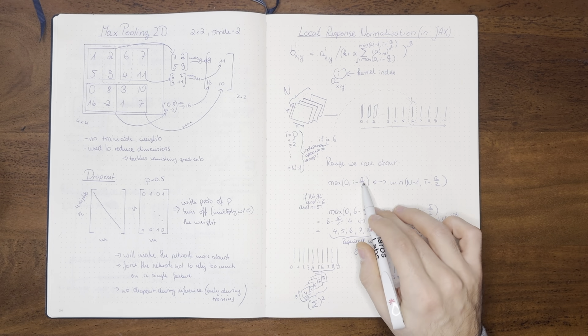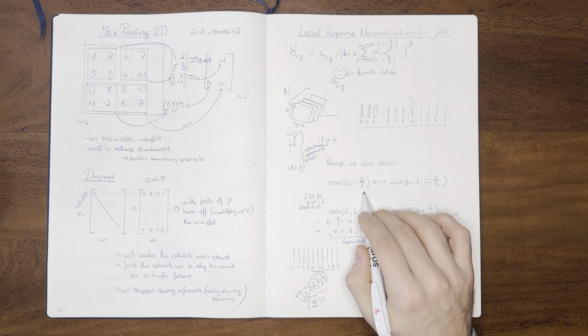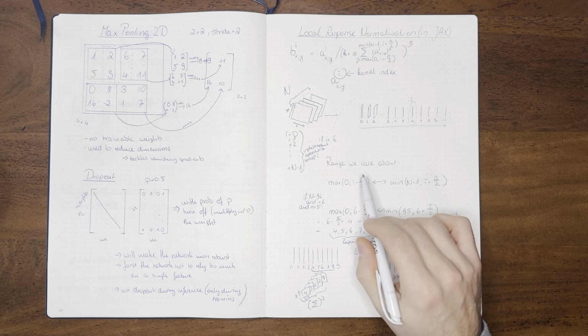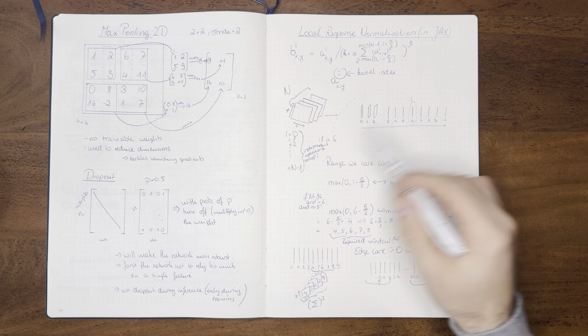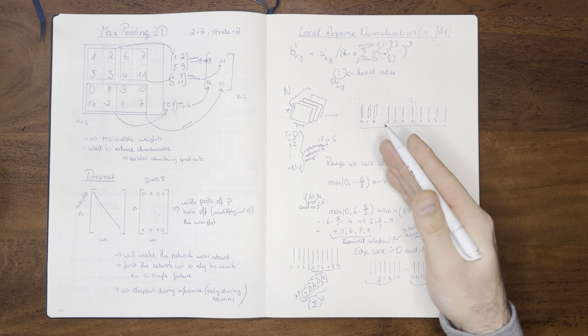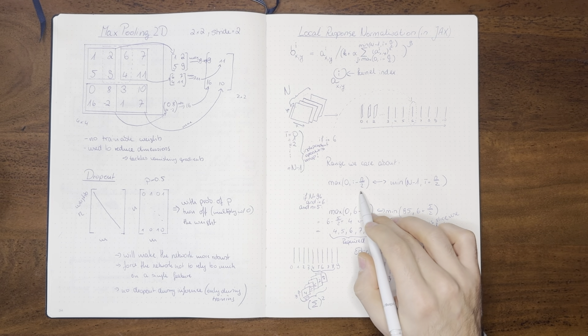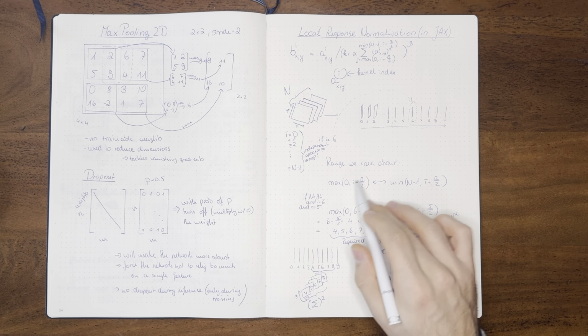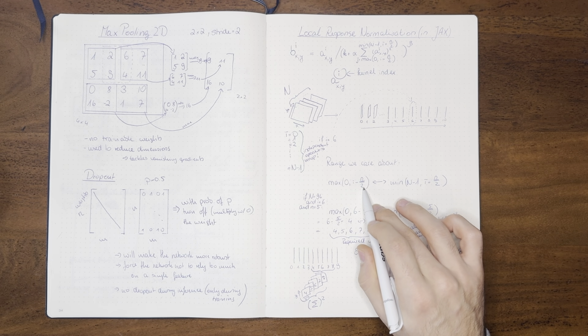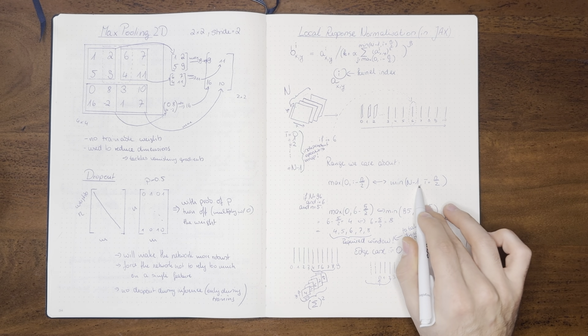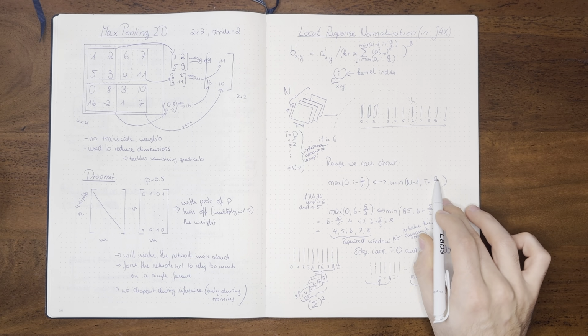As an example, 5 integer divided by 2 gives you 2, because 5 divided by 2 is 2.5, and it will be rounded down to the closest integer, which is 2. So the range we would care about goes from 0, because we don't want to have negative indices, or i minus n divided by 2, all the way to n minus 1, that's the last kernel, or i plus n divided by 2.